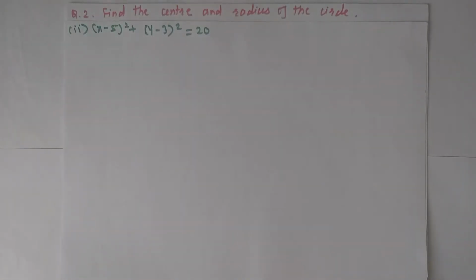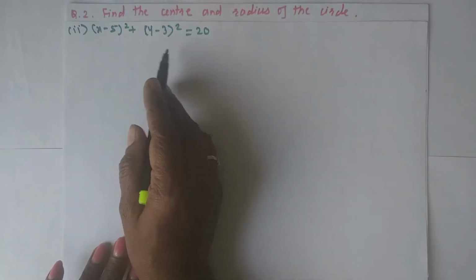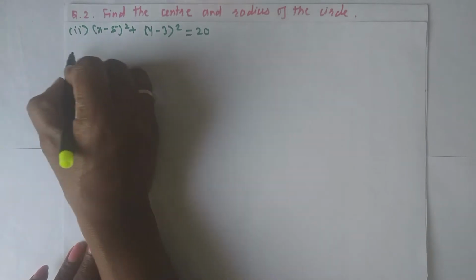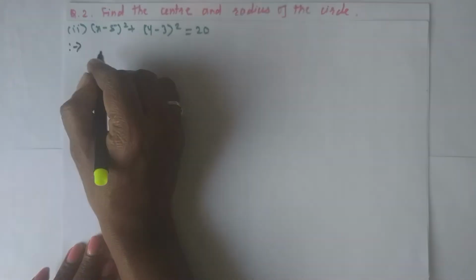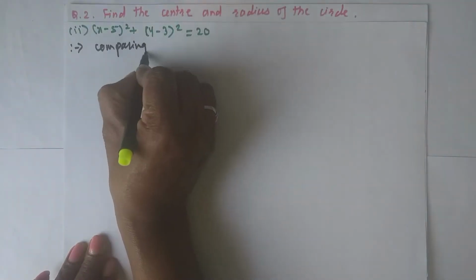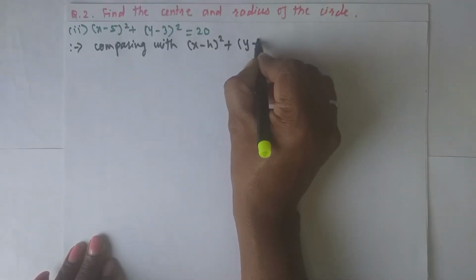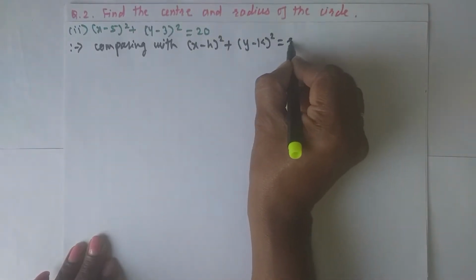Find center and radius of the circle x minus 5 square plus y minus 3 square is equal to 20. Now here the equation of circle is given in center radius form. Therefore we will compare this equation with center radius form. Therefore you write down, comparing with x minus h square plus y minus k square is equal to r square.